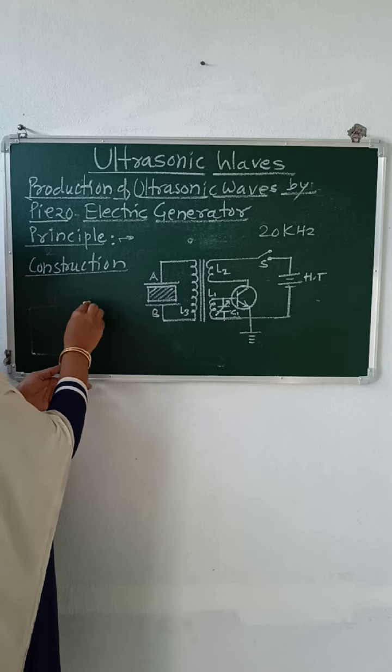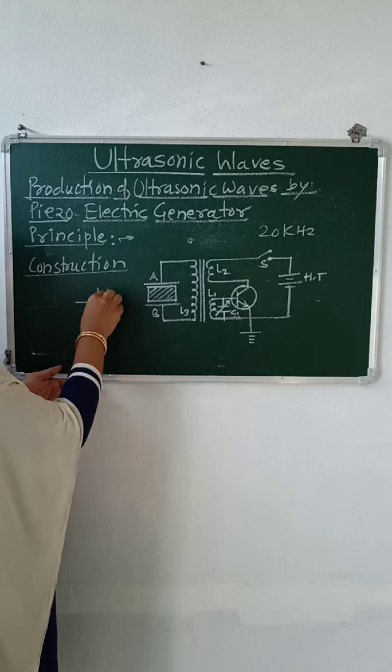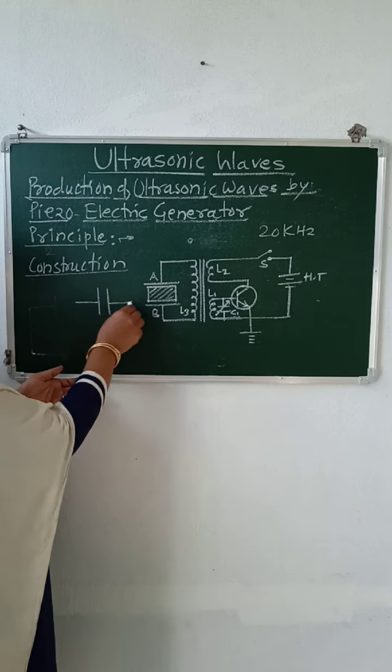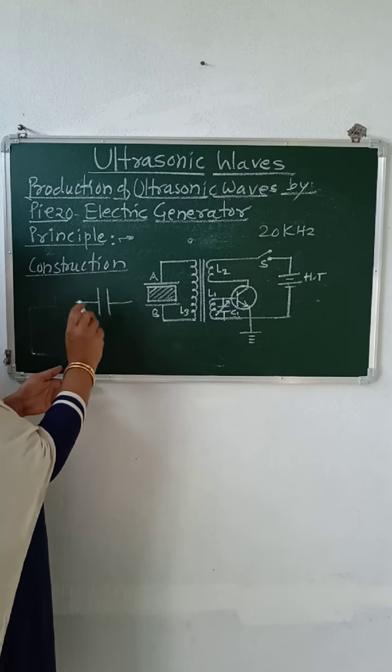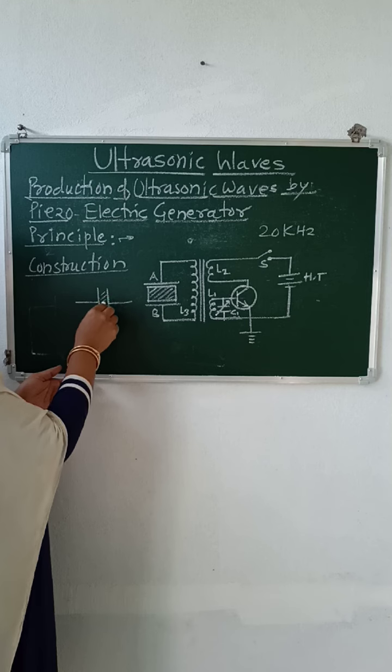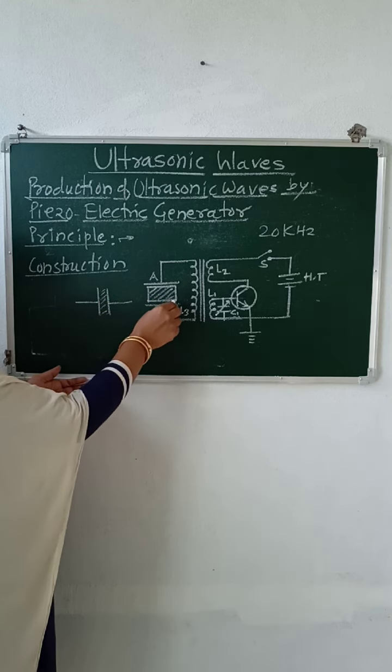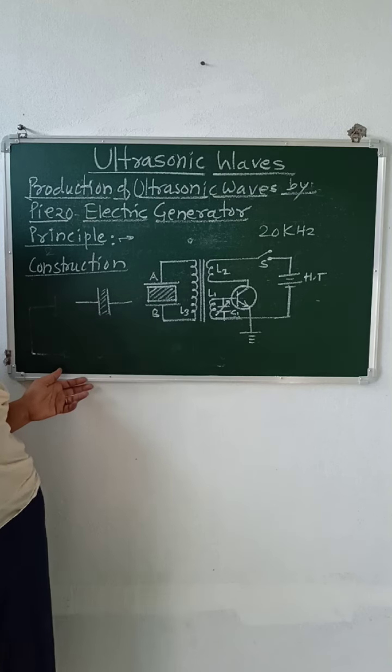You know about the condenser or capacitor. It can be represented like this. It is a parallel plate condenser or capacitor, and there is a space, and in this space we place a suitably cut quartz crystal. Okay.